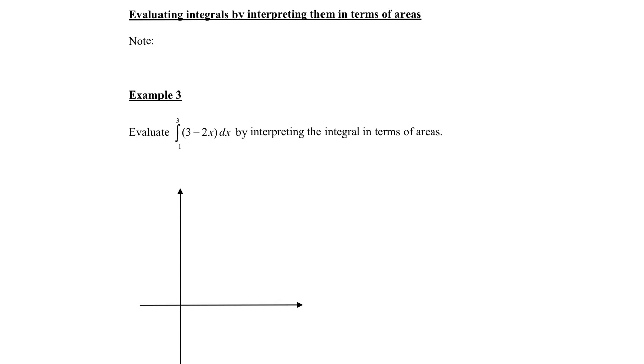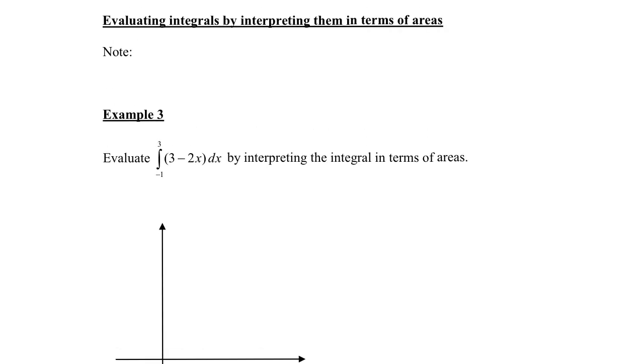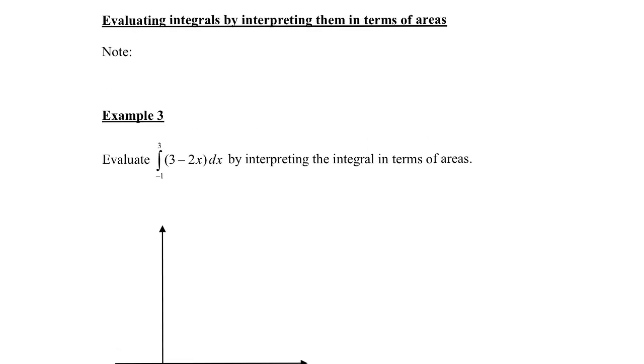Evaluating integrals by interpreting them in terms of areas. Okay, so there's a little note. If we're going to do this, we have to agree on something here. The note is areas and also length, volume, etc. are always positive.